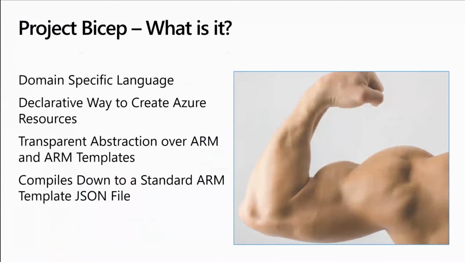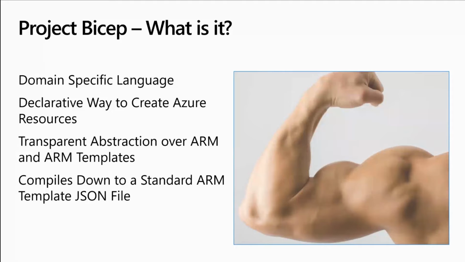So Project Bicep, what is this? It's brand new. It just came around a few months ago, actually. It's a domain-specific language, and it gives you the ability to create your ARM templates in a declarative way.